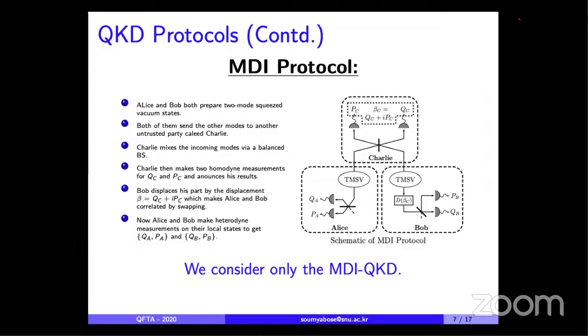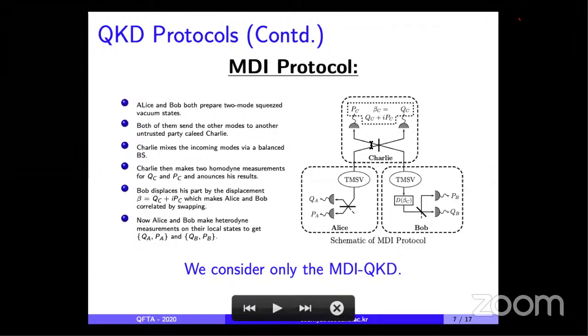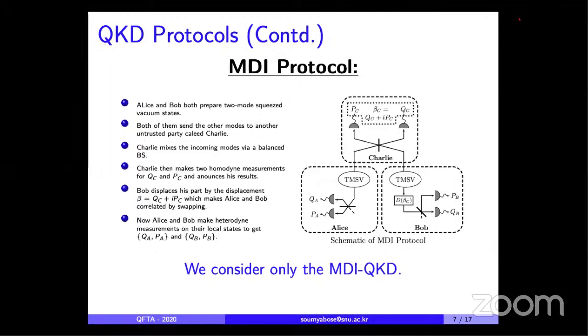The advantage here is that we can put all the noise, all the attacks on Charlie. We are not thinking of which kind of attacks Charlie will make. Maybe Charlie himself may be an eavesdropper. The advantage is that in key distribution, the initial stage is to look for the mutual correlation.